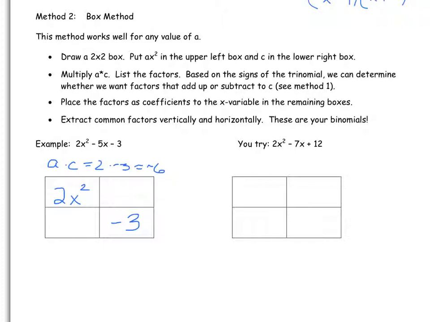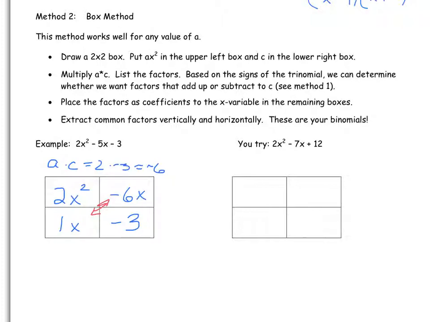We have to add this up to negative 5x using factors of negative 6. So we could put negative 6x and a positive 1x. Those would multiply to a negative 6, the coefficients, and add up to the negative 5. It did not matter where I put those two. I could have put them anywhere I wanted.